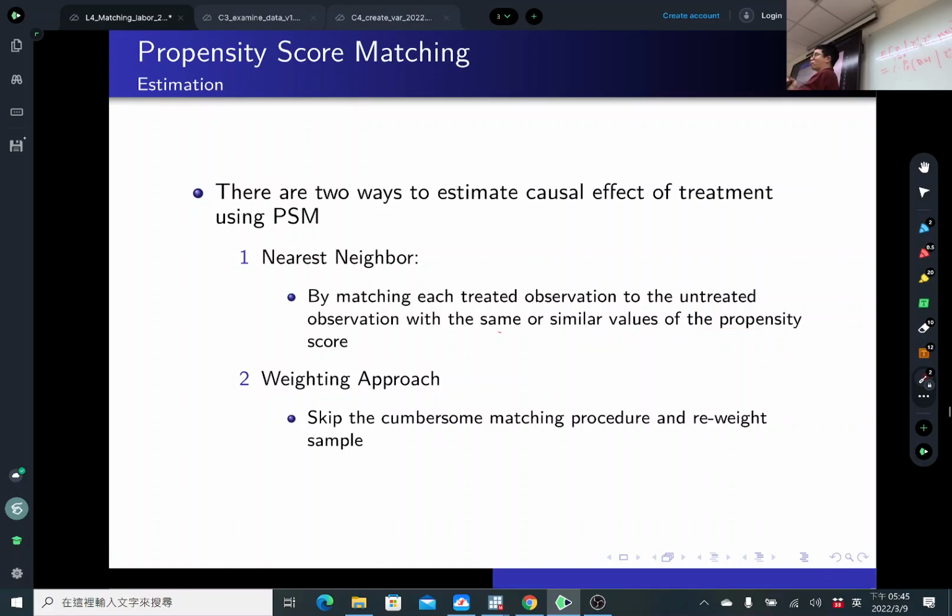So if they are both 0.1, we match; 0.2, we match. The other is a reweighting approach, where we don't need to match each individual. We use a reweighting based on the propensity score you estimate, and use it as a weight to calculate the causal effect. But we will not discuss this. We just focus on the nearest neighbor approach.